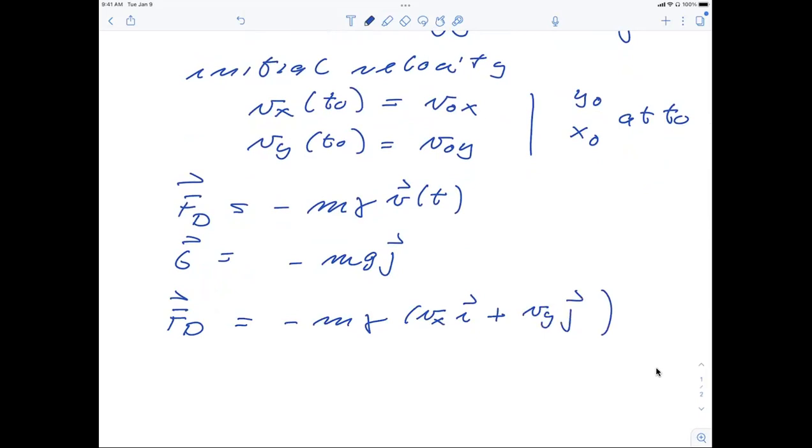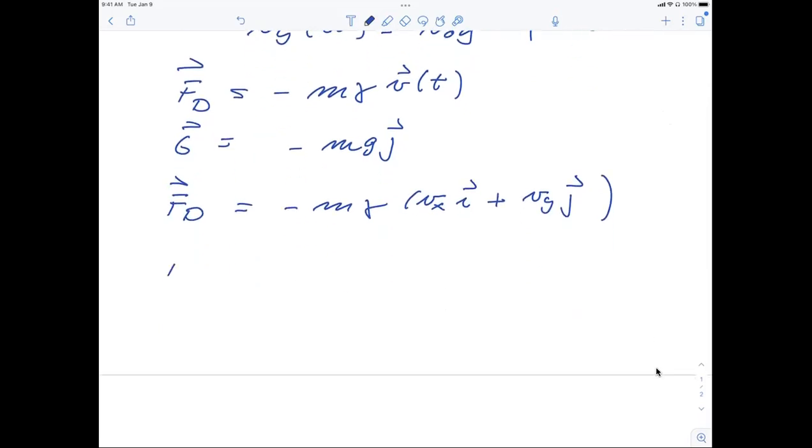Here I have suppressed the time dependence of velocity, out of plain laziness from my side. But v depends on time, v_x depends on time, and v_y depends also on time. Does that sound clear? So this is our analysis phase. We have found the forces, and now we're going to solve the equations.